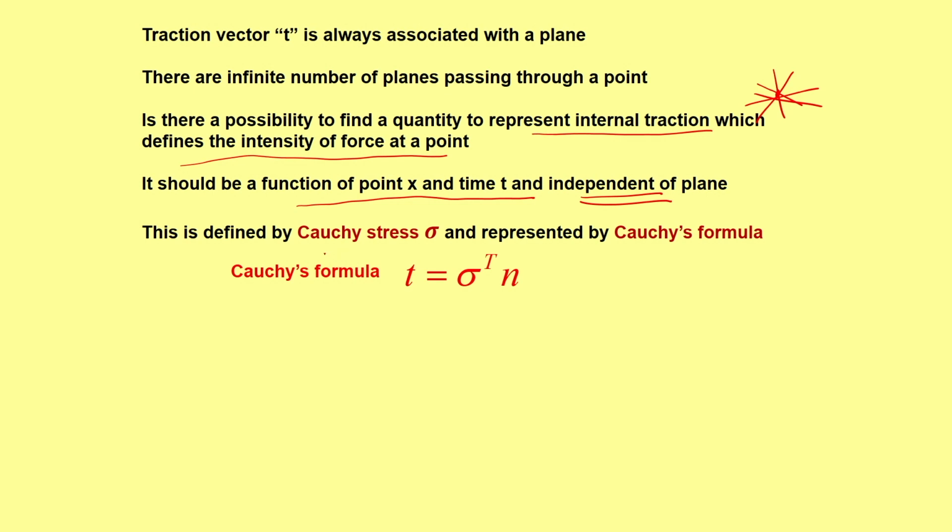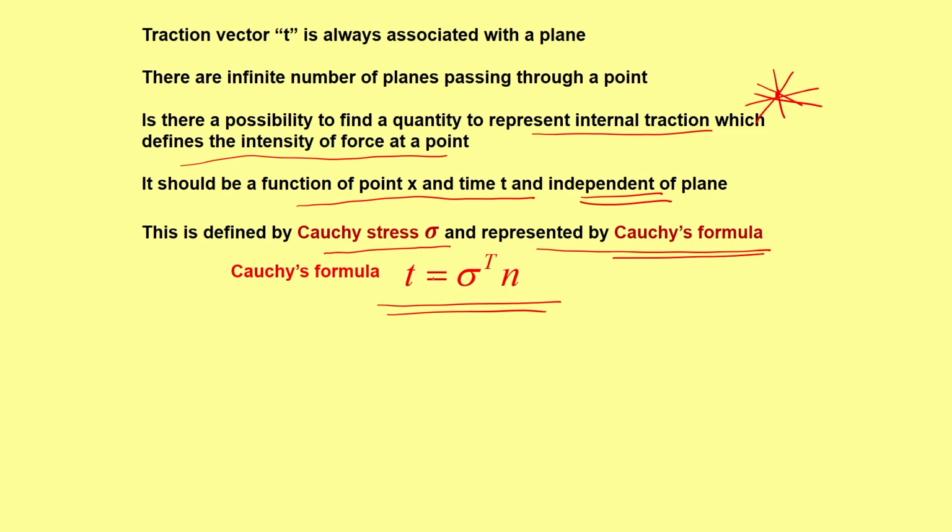This is defined by Cauchy's stress sigma and represented by what is known as Cauchy's formula. And what is Cauchy's formula? Here I would specifically state that the traction vector T is defined in terms of sigma transpose and n.